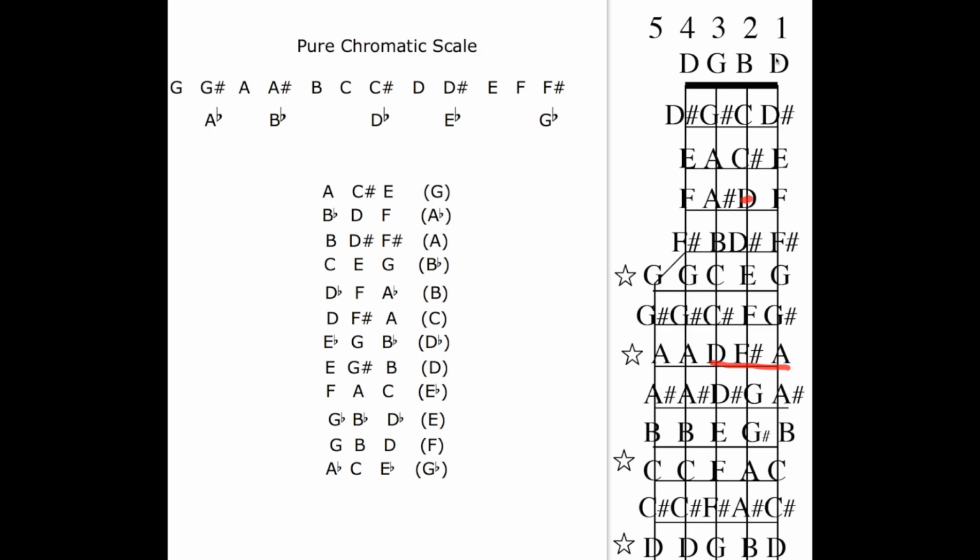So we would never want to play two Ds in a row, normally. So we would do the F sharp here. And we also need an A. There's our A. And we could take this open D. There is a D chord.